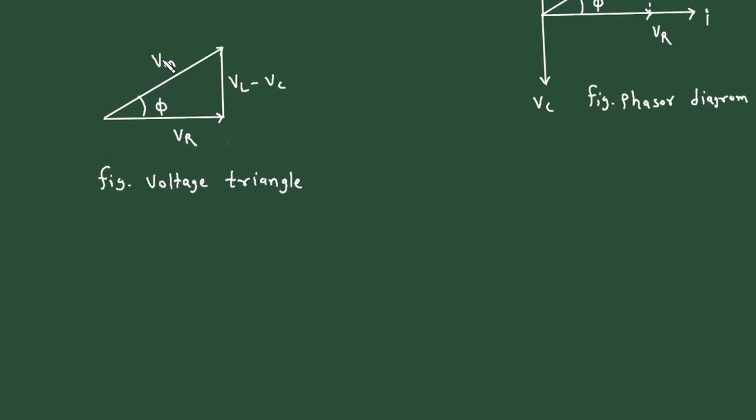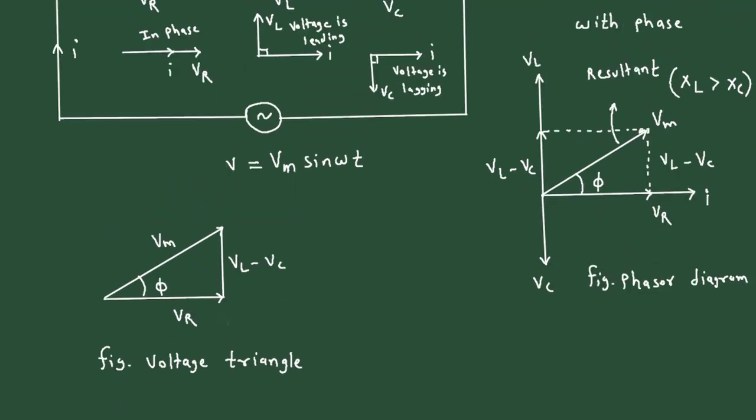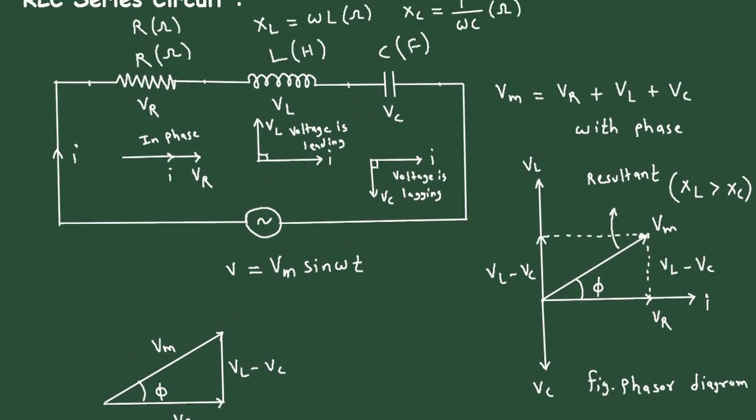Now if we divide all the quantities by current I, first we will divide VR by I. According to Ohm's law, VR is equal to I into R. Here we can write VL is equal to I into XL, and for VC we can write I into XC.